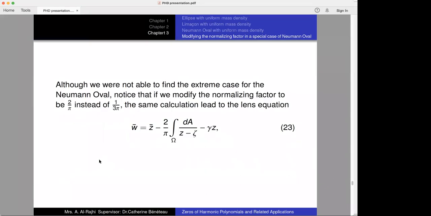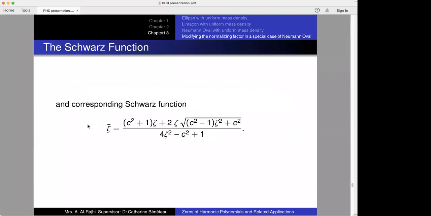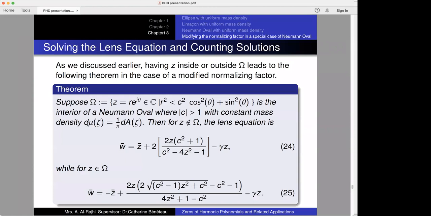If we look at the Neumann oval as an overlap of 2 ellipses and modify the normalizing factor from 1/(3π) to 1/(2π), we will get a different number of images. Actually, we get the sharp number of images for this equation. The equation is slightly different, just here the normalizing factor is different.